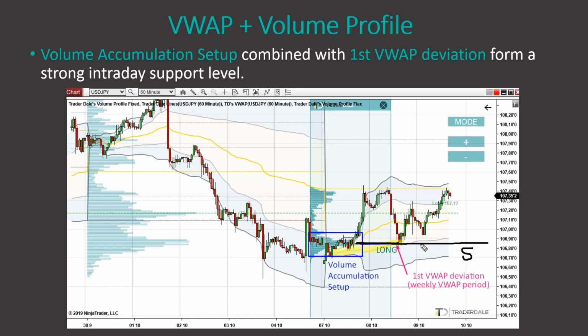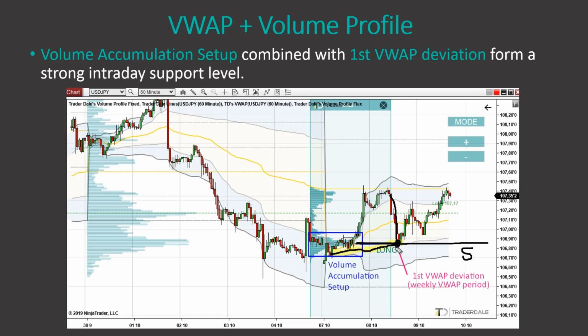Now, let's have a look at the VWAP and the deviations. Now, this gray line, which I highlighted in yellow, is the first deviation. What it does, it's getting closer to the support. Now it hits it. And what also happens, there's a pullback.